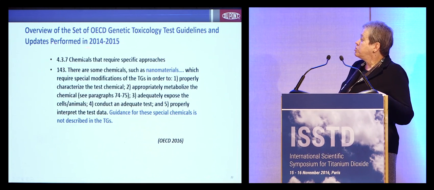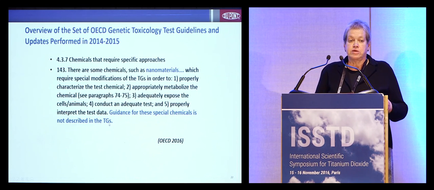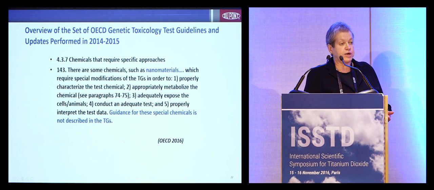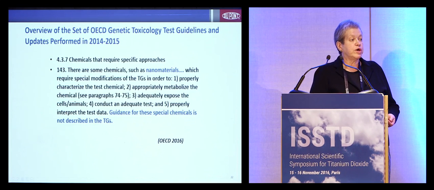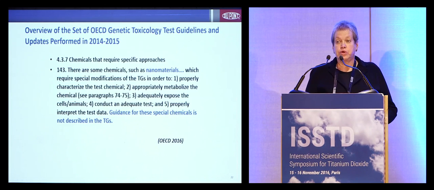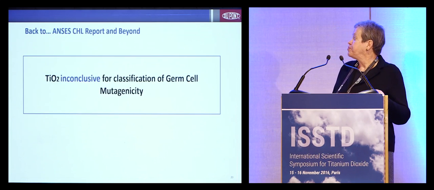And this one also has a chapter on chemicals that require specific approaches. Nanomaterials are one of them. Guidance for these special chemicals is not described in the test guidelines. So if it wasn't clear before, it's clear now. In other words, you kind of had to find out on your own how you best could test your nanomaterial.